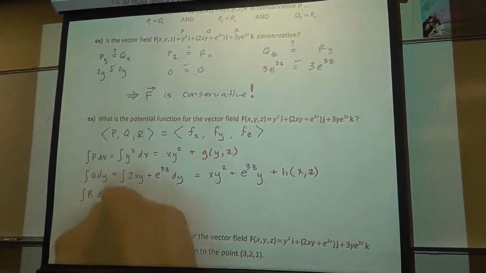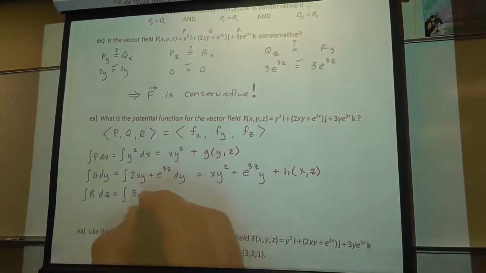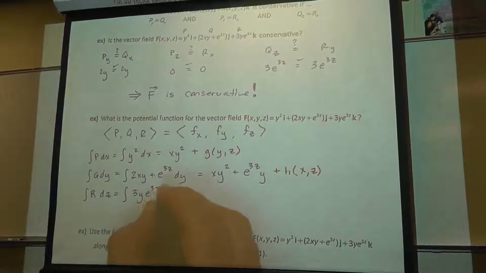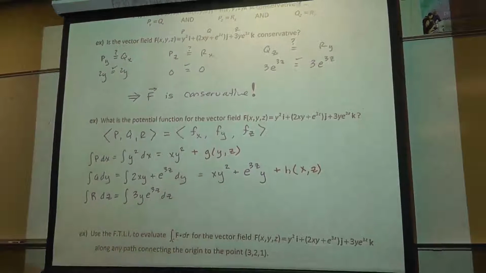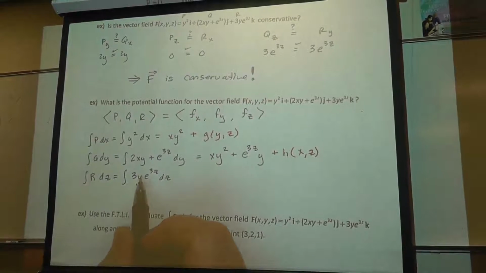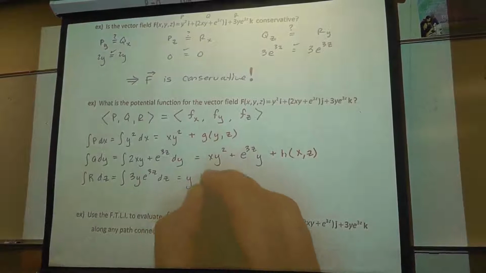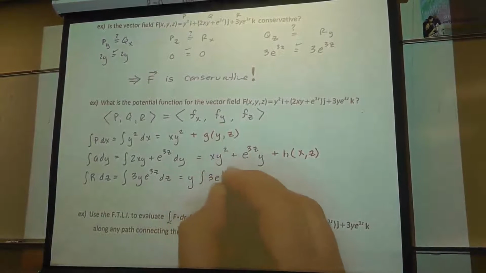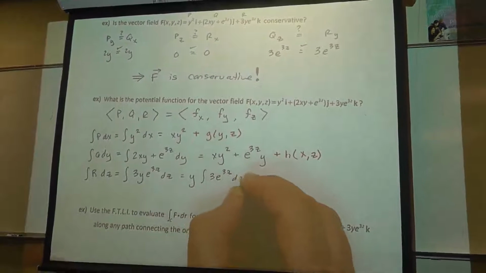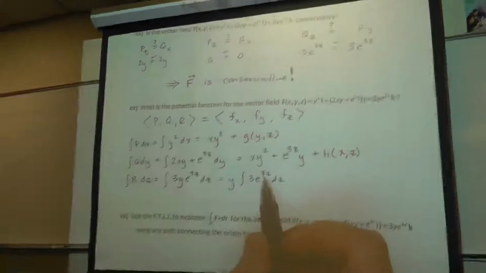And then finally, integrate your R with respect to z. So for this one, I'm integrating 3y e to the 3z. And so if it helps to focus on your variable, sometimes some people like to pull the constants out to the front. Like, if you want to do this, pull the y out to the front so you see you're integrating 3e to the 3z. And then the use of u-substitution would work here: let u equal 3z.